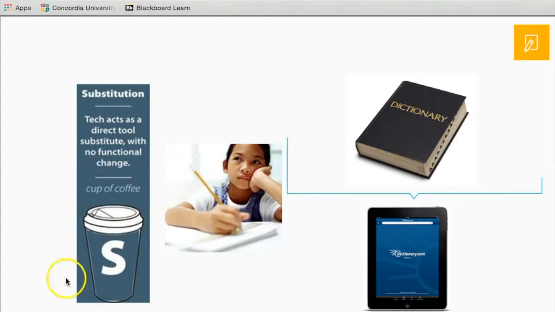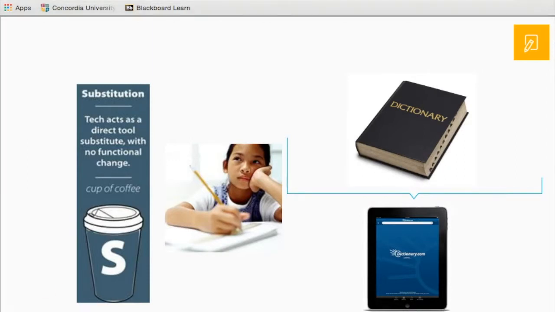If students are working on a Google Doc, or writing in their science notebooks, and they are curious how a word is spelled, without the technology tools a student might look the word up in a dictionary, but a direct substitution for that would be to use a dictionary app on our iPads. There's no functional change there, it is just a direct tool substitute.